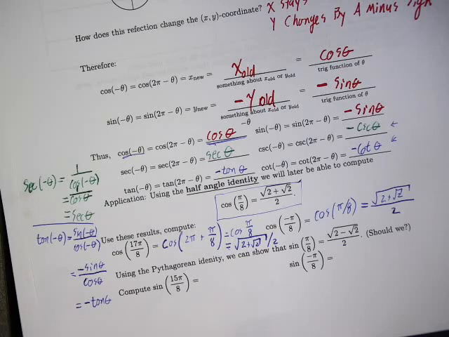And I don't want to do this because I'm about to take the square root, and square roots don't play well over subtraction anyway. But yeah, now I just need to take that square root. So sine of pi over 8 is going to be plus or minus the square root of 2 minus radical 2, all over 4.